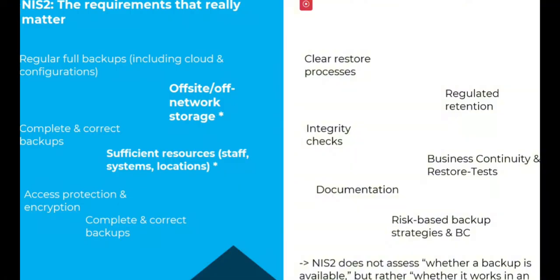The RTO, recovery time objective, and RPO, recovery point objective, should be defined. That backups must be checked regularly for integrity. Restore tests are mandatory, also with a documentation of the whole backup process, and also required access protection and encryption.